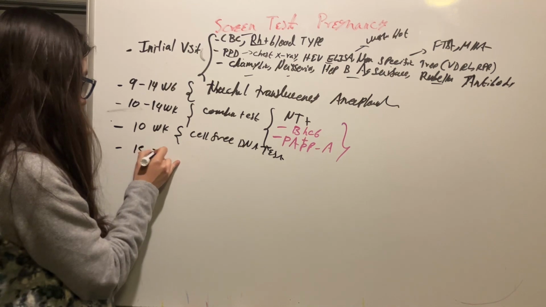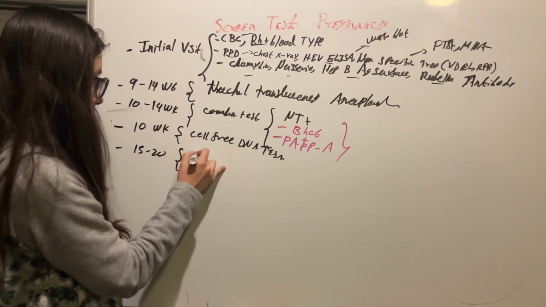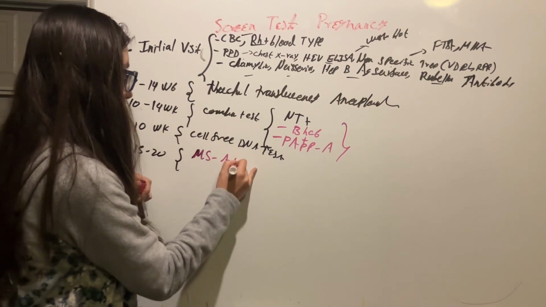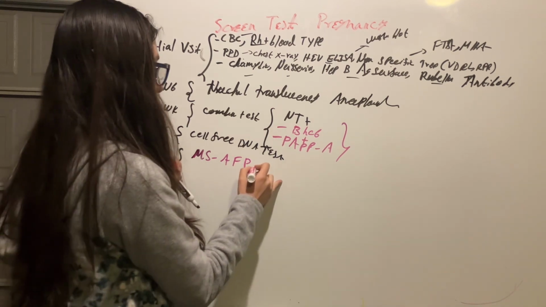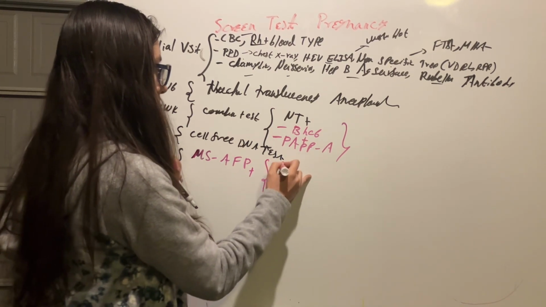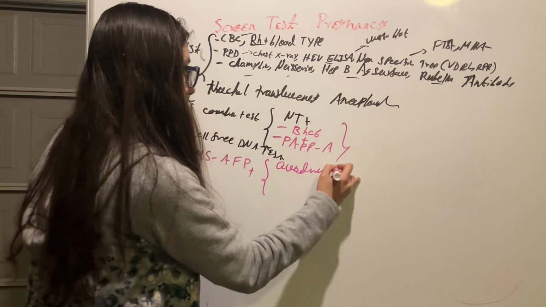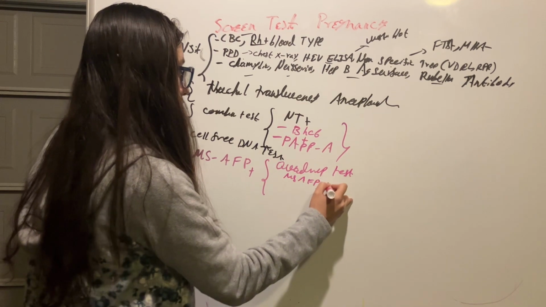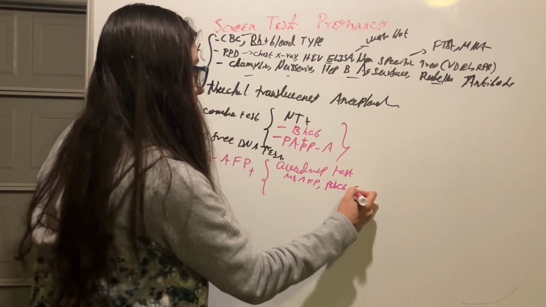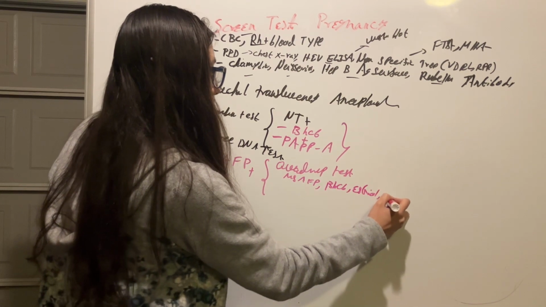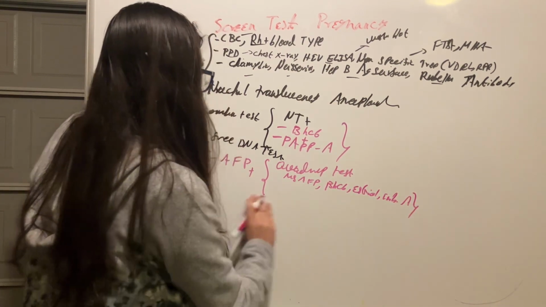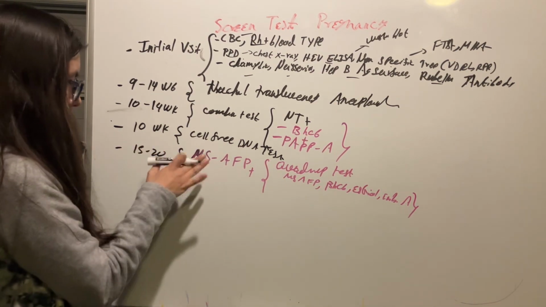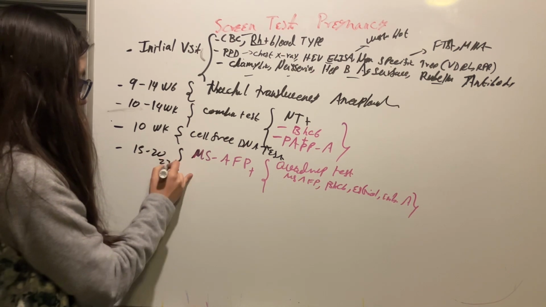Then from 15 to 20 weeks gestation, we order maternal serum alpha fetoprotein, but most of the time this is done as the quadruple test, which is maternal serum alpha fetoprotein plus beta HCG plus estriol plus inhibin A. Then this is 15 to 23 weeks gestation.